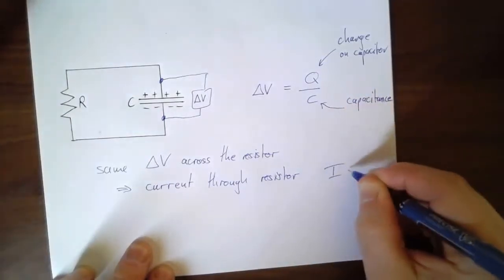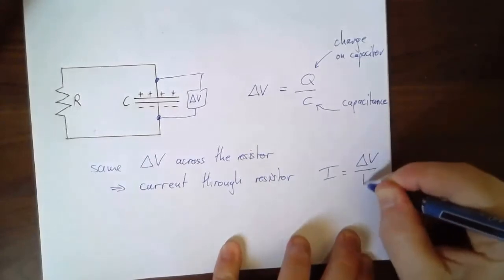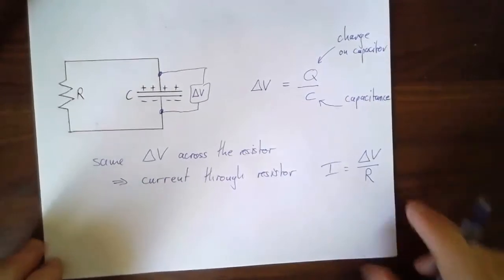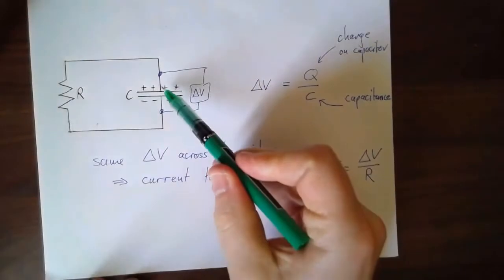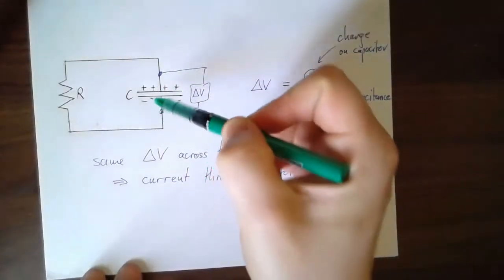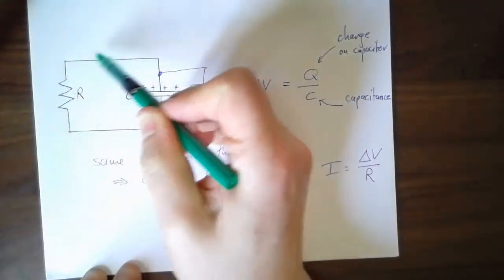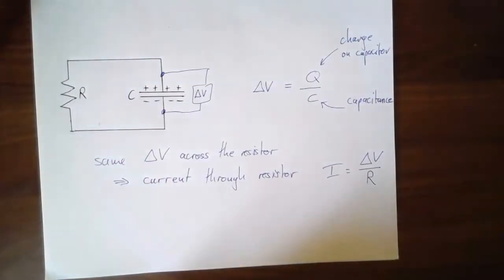That current is going to be the potential difference divided by the resistance. It's a resistor. It obeys Ohm's law. So which way is the current up here? Well, this is the positive side, this is the negative side. So the negative charges want to go this way, around clockwise. Positive charges want to go counterclockwise, because current is defined in terms of the positive charges.